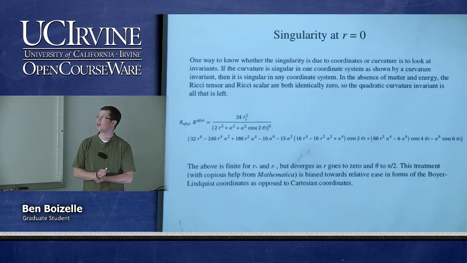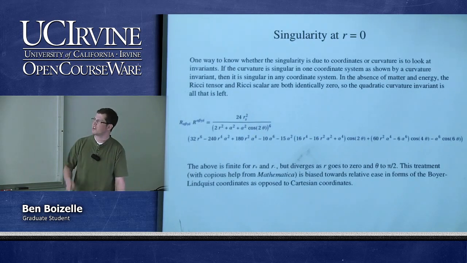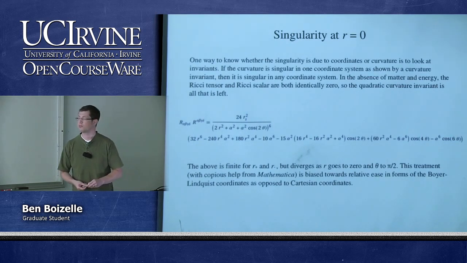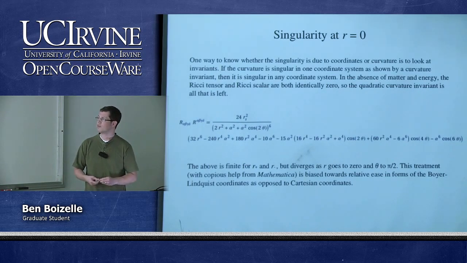The singularity at r equals 0 in the equatorial plane is more complicated, and choosing the coordinate system that you want to work in is important. Some of them, like Cartesian coordinates for the Kerr solution, are very difficult, and computers don't like them very much. So this is from a Mathematica notebook that the professor gave, and here you're able to solve for the quadratic curvature invariant, the Riemann squared term.